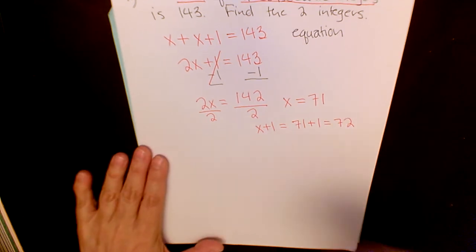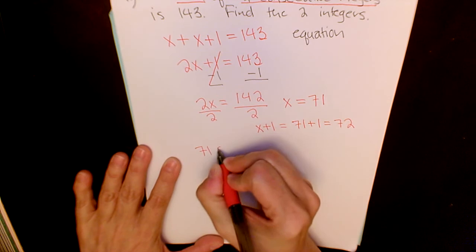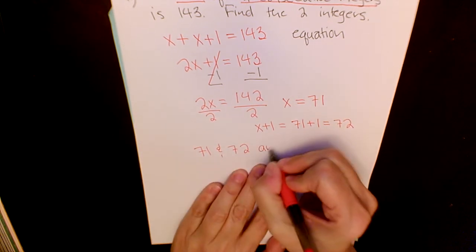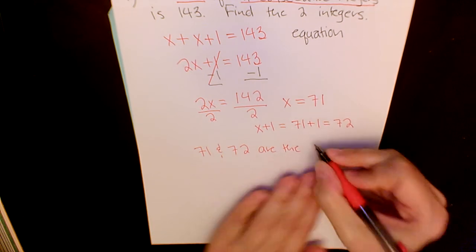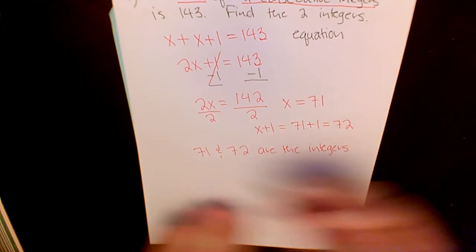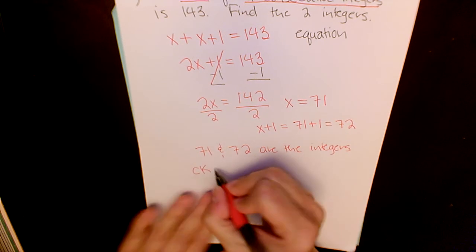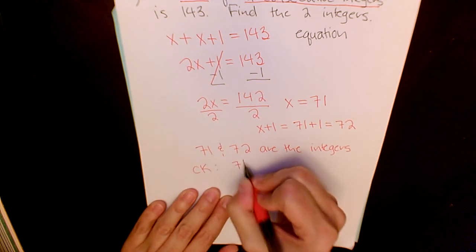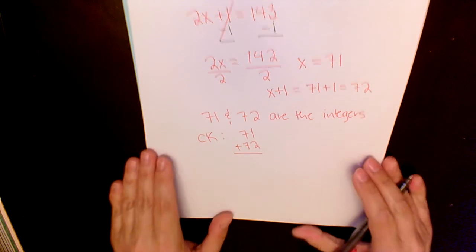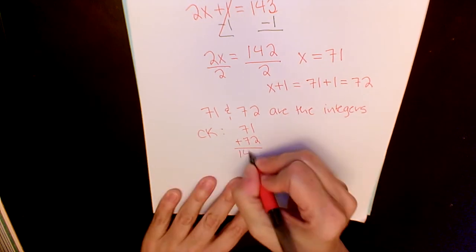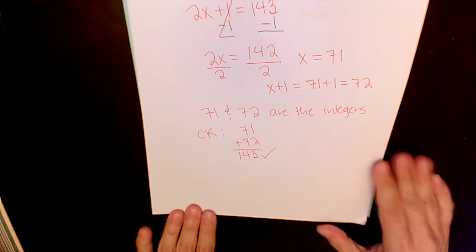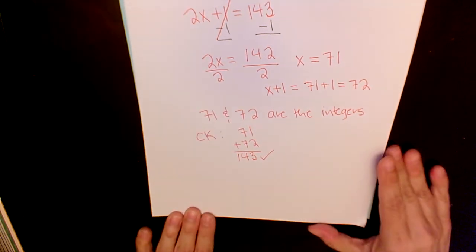So my 2 consecutive integers are 71 and 72. And if you want to do a check, add them together and see if we get to 143. And I'm adding them together, and we do. So 71 and 72 are right.